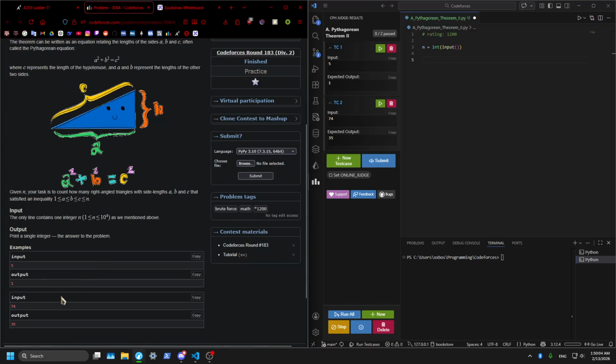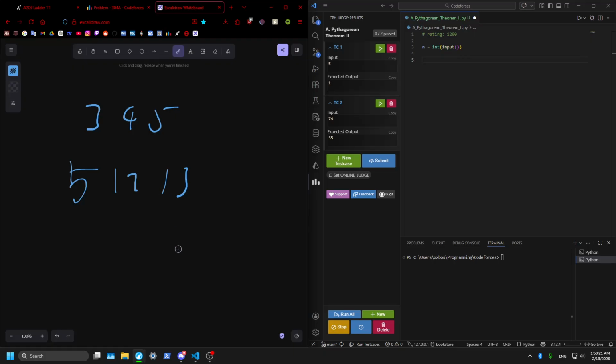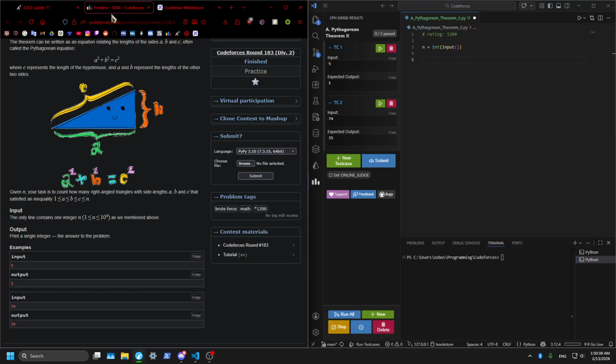There are 35 right-angled triangles where each of the side lengths is less than n? 35 of them? Feels like a lot. So decimals have to exist.